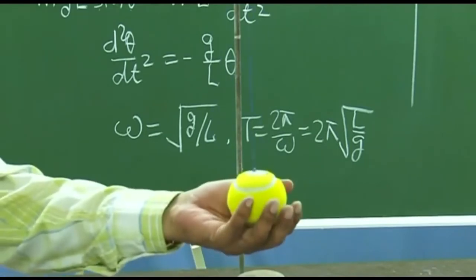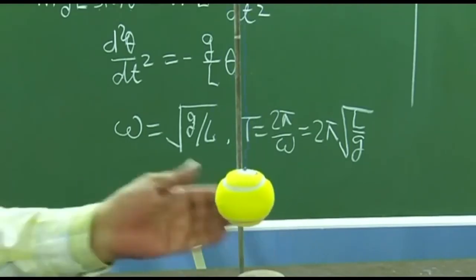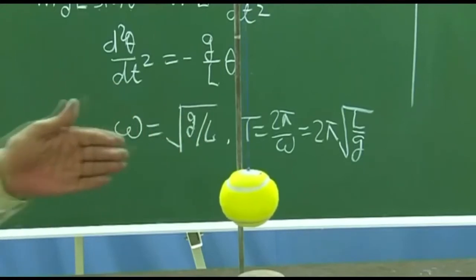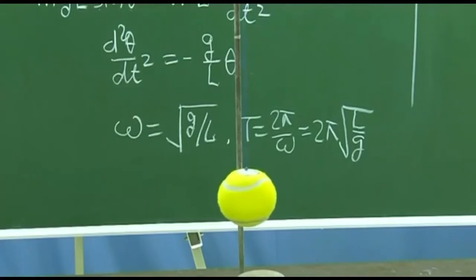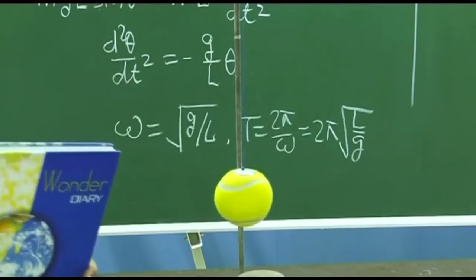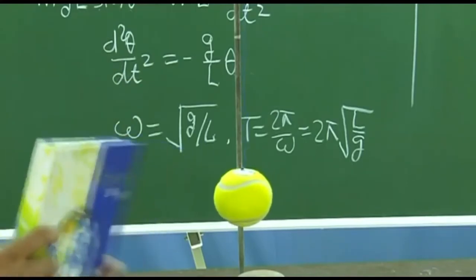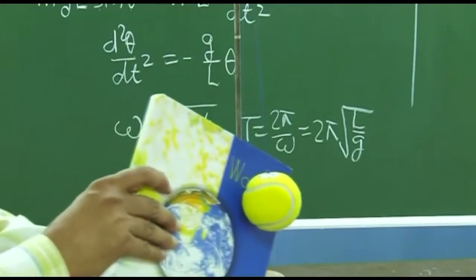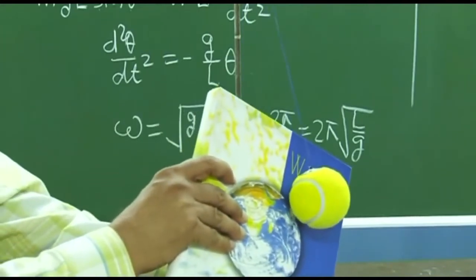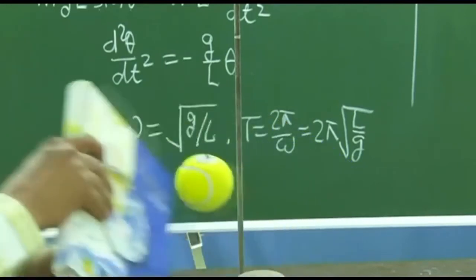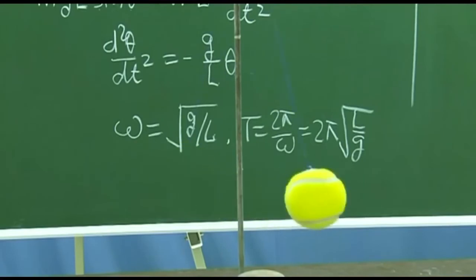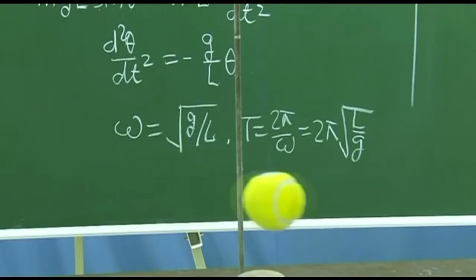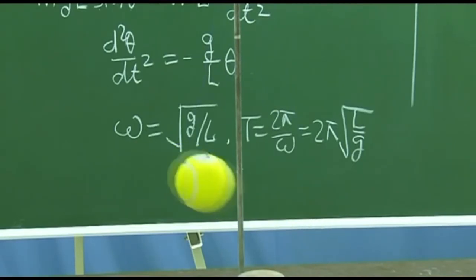Now in the third case, I will pull it in a direction making some 45 degree type angle with that plane, and then let us see what happens. So I am taking it in some inclined direction like this and releasing. Indeed, I released it with v equal to 0. Initial velocity, I have not given any transverse velocity.